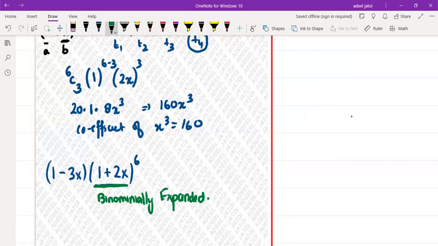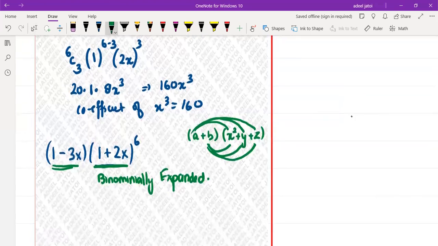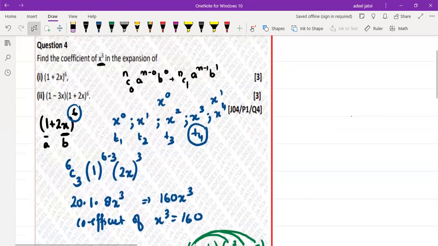Whenever you have a bracket (a + b), and let's say we have x square, y, z, you multiply a with x square, a with y, a with z. Then again you multiply b with x square, b with y, and b with z. So this means your 1 should be multiplied with each term, whereas minus 3x should also be multiplied with each term.